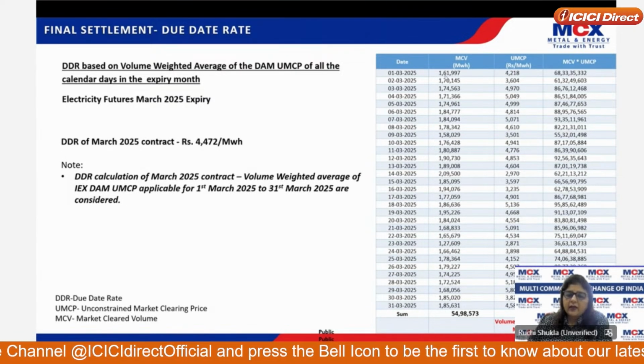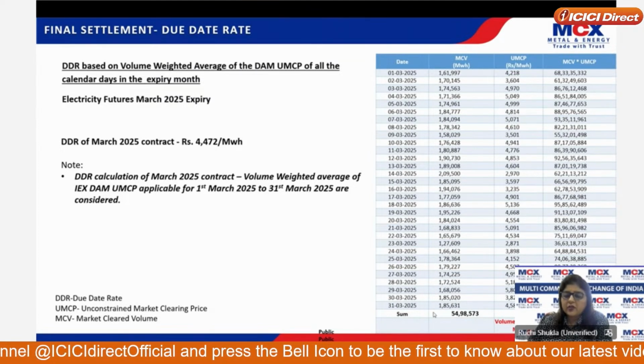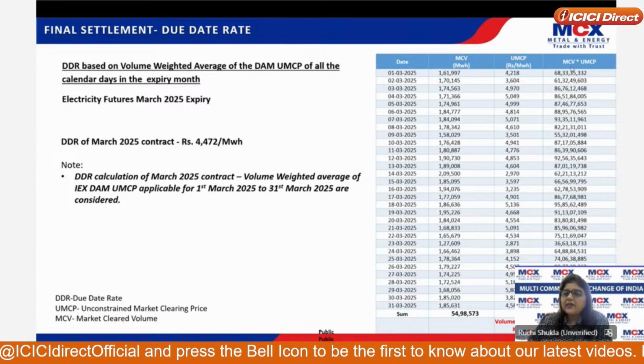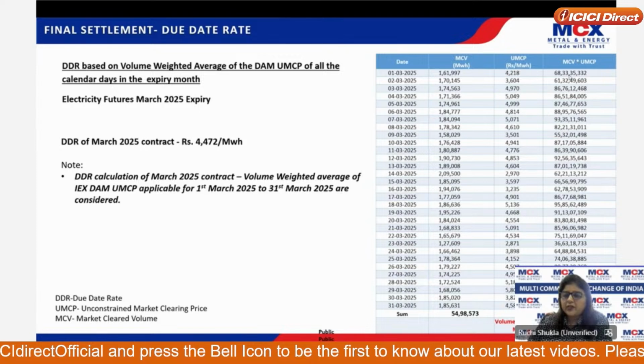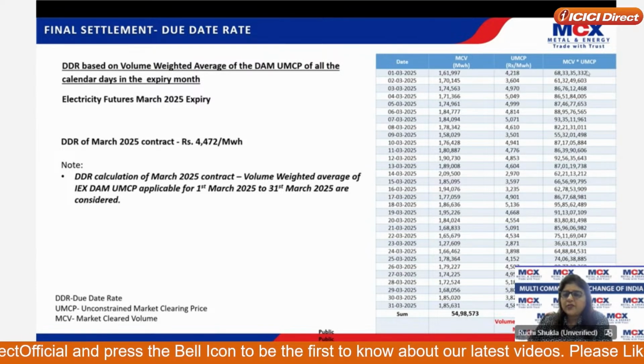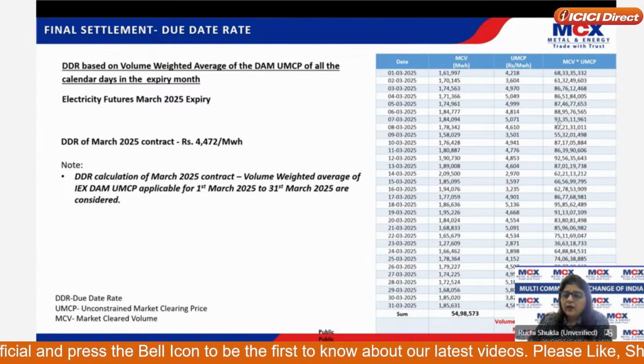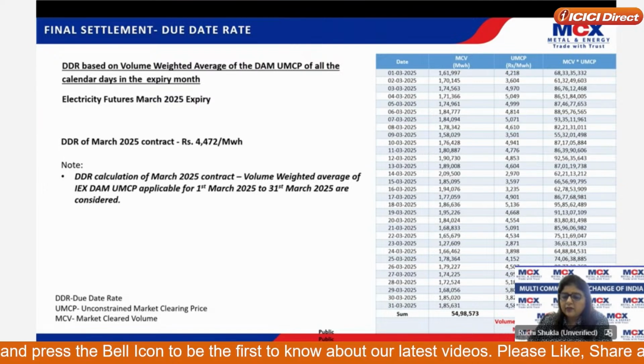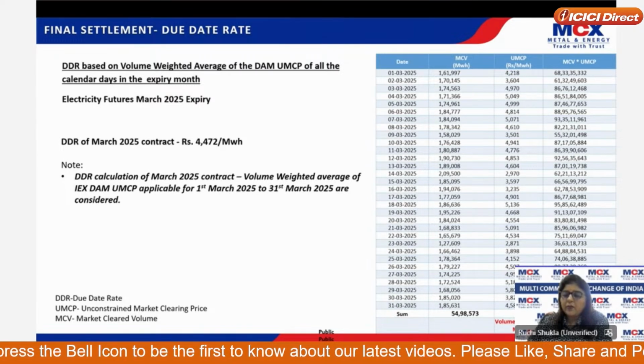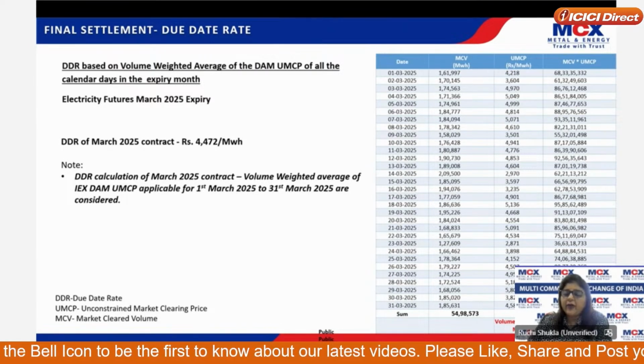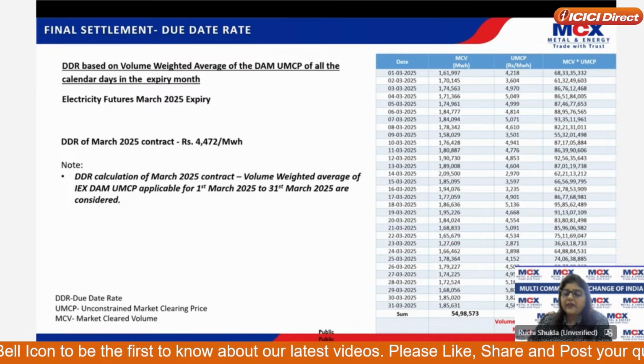Now we collect all these prices and volumes. These are multiplied for the volume weighted average. So MCV into UMCP of each day, and the sum total of all these products is divided by the sum of the weights.